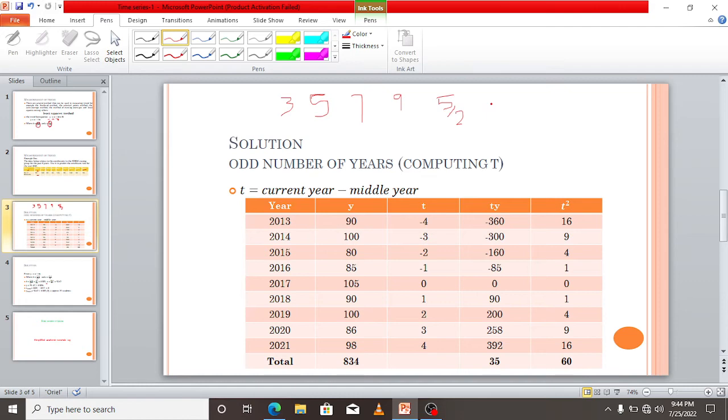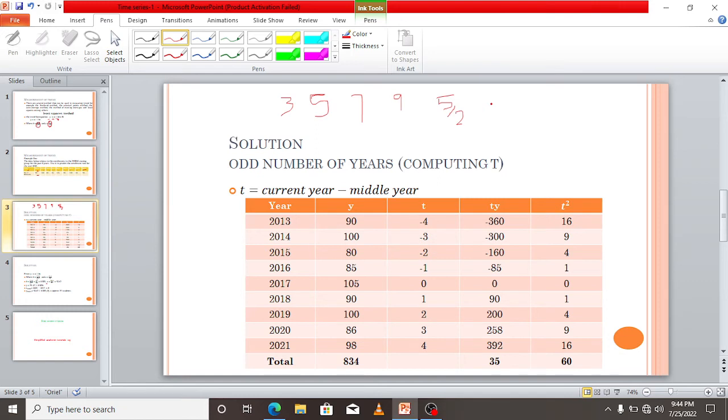So even numbers, those are numbers when you divide them with 2, you get a remainder 0. For example, there is 2, there is 4, there is 6, there is 8, among others.